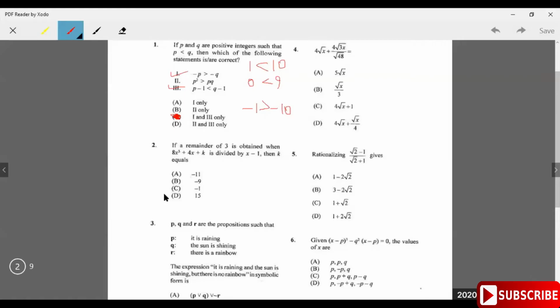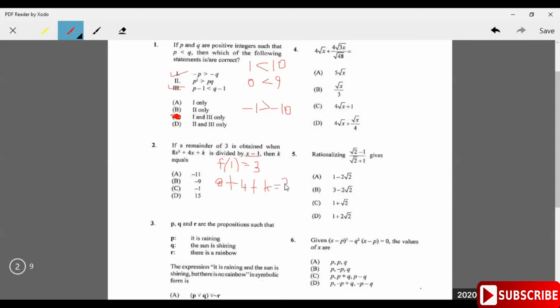Question 2 says, if a remainder of 3 is obtained when 8x cubed plus 4x plus k is divided by x minus 1, then what is k? To find k, we need to use the remainder theorem, which tells us that f of 1 is equal to 3. So we're solving 8 times 1 cubed, which is 8, plus 4 times 1, which is 4, plus k is equal to 3.